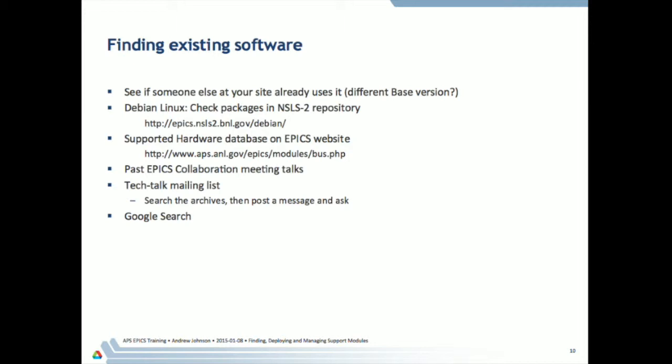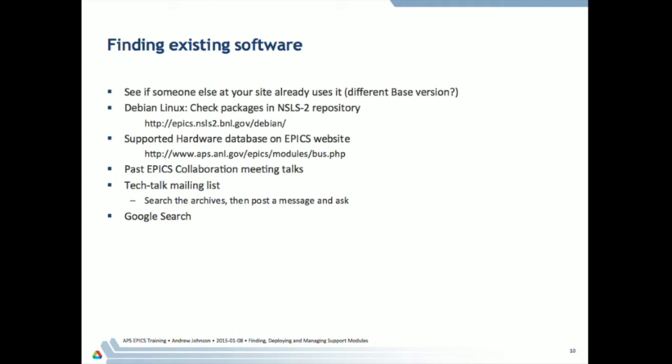Here, obviously, we use Synapse, so Synapse is the first place to go to check. If it's not available there, then we have the supported hardware database through the EPICS website, where you can look and see what drivers people have talked about. You may or may not find links to the actual software there, but if there's no link, there's usually a contact name that you can email instead.